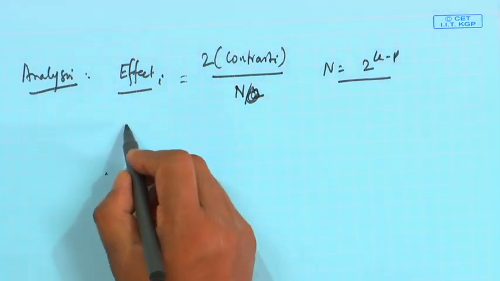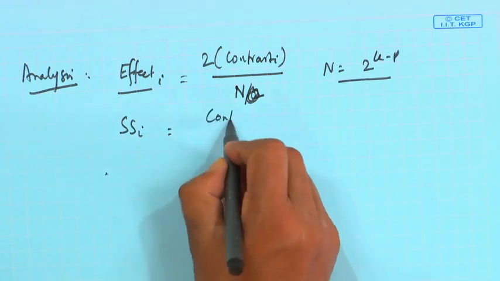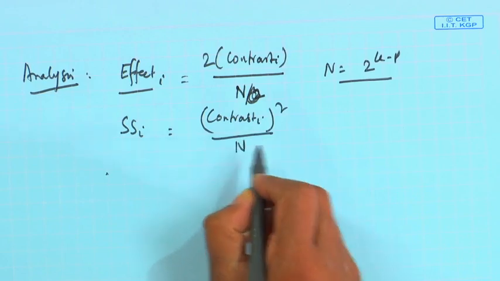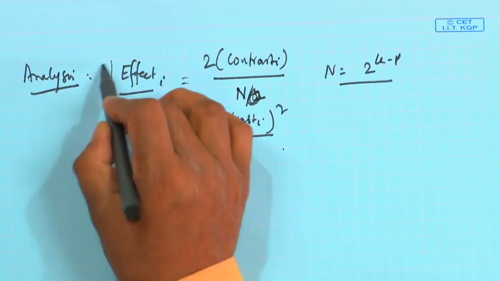Another one you may be interested in is the sum of squares I. This will be contrast I squared divided by n. So, these are the things you require to compute.